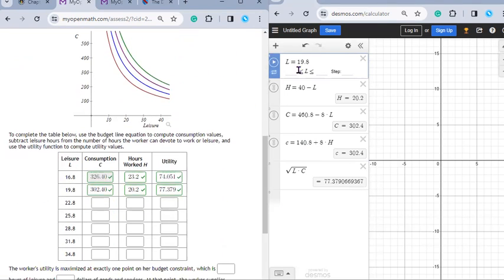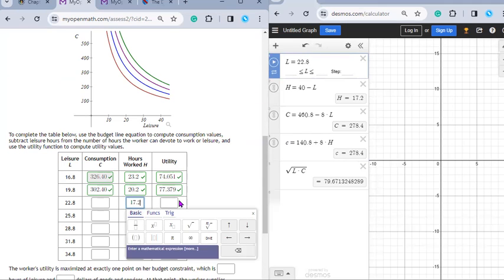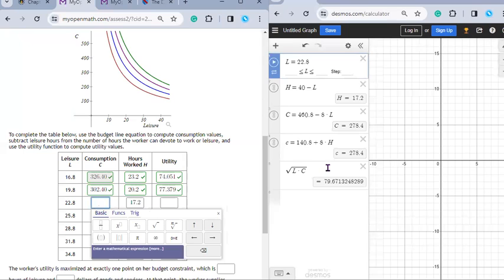We're going to keep filling in the table. So this is 22.8 now. When leisure is 22.8, my hours worked is 17.2. And my labor earnings have gone down. Adding my lowered labor earnings to my fixed allowance means my consumption has fallen to 278.40.